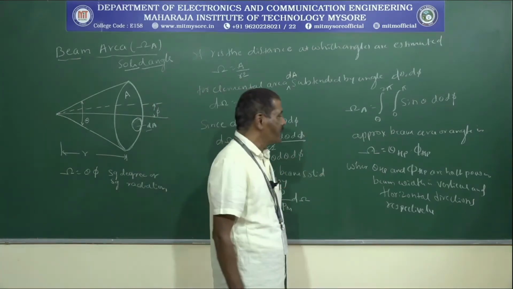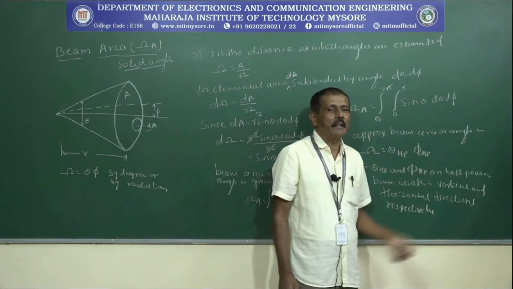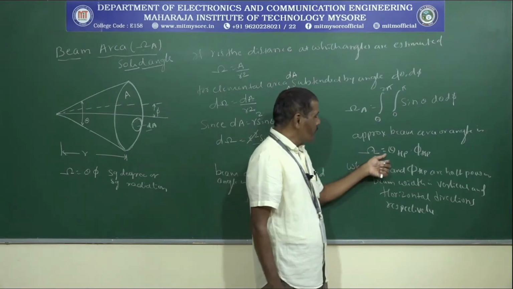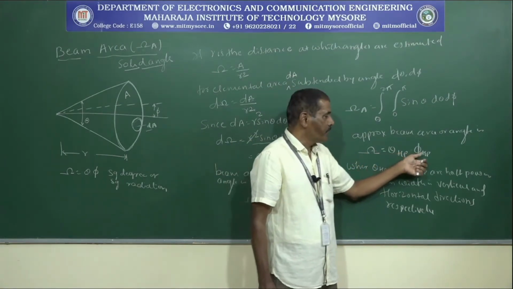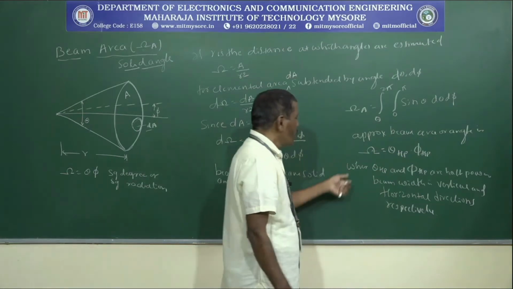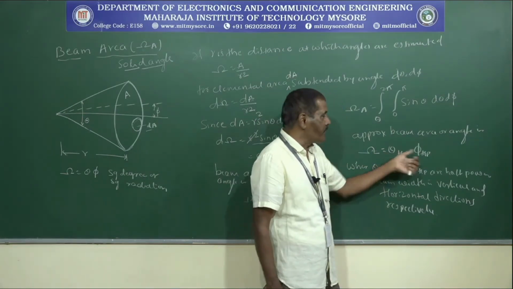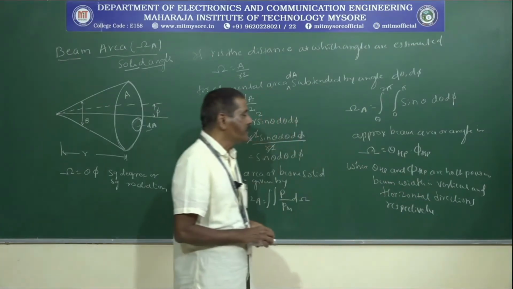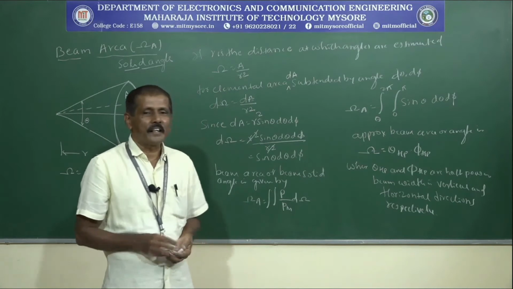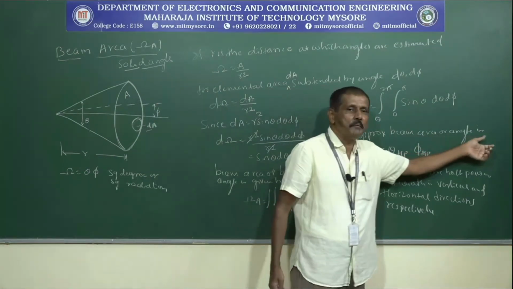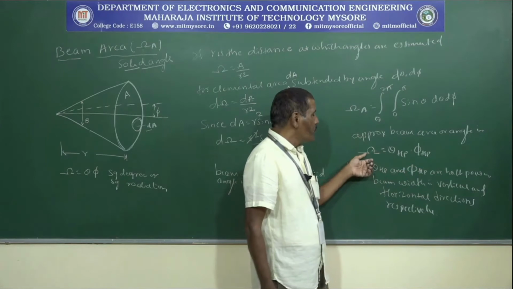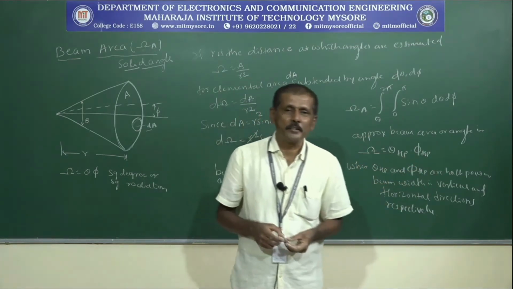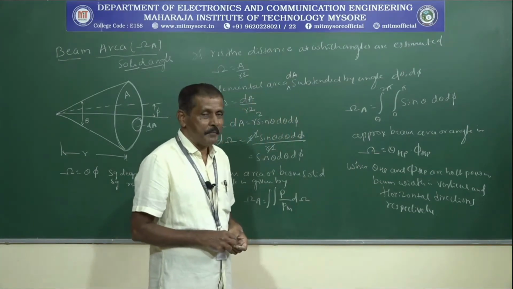The approximate beam area or beam angle is omega equal to theta HP times phi HP, where theta HP and phi HP are the half power beam widths in the vertical and the horizontal direction respectively.